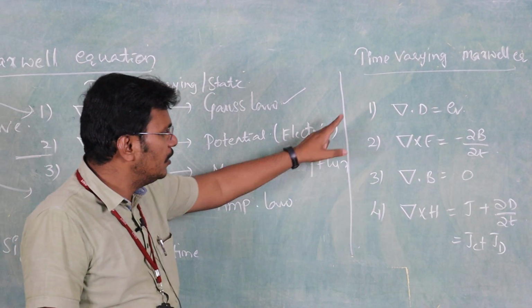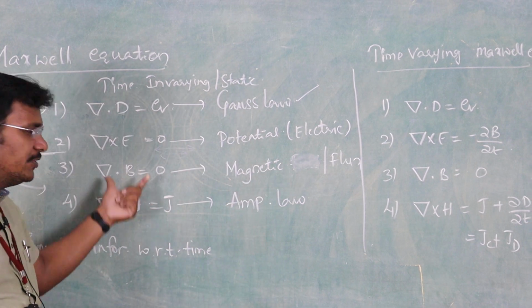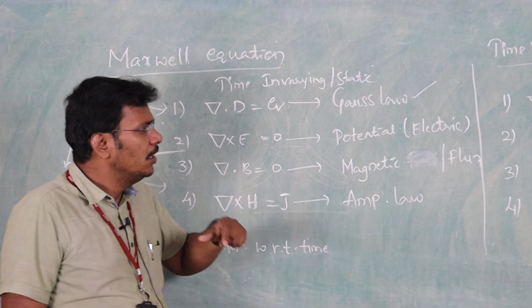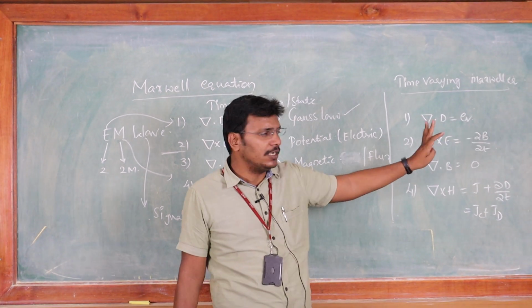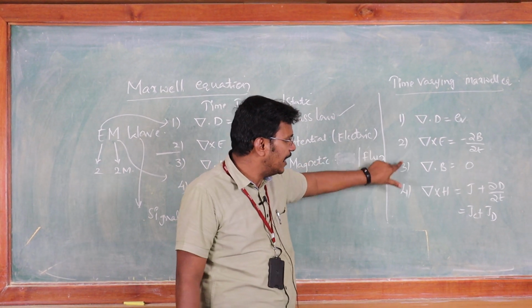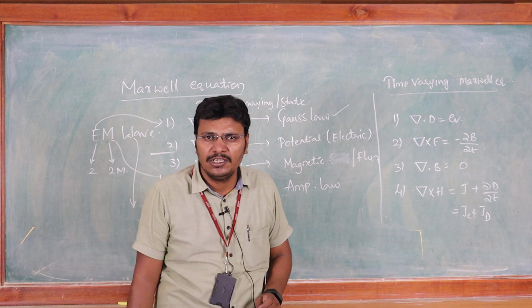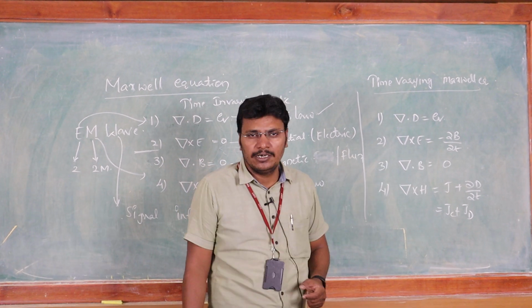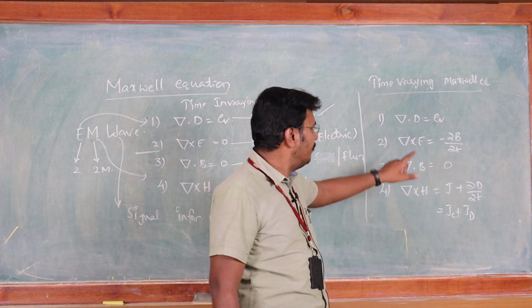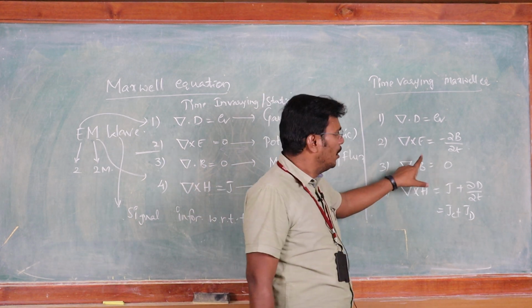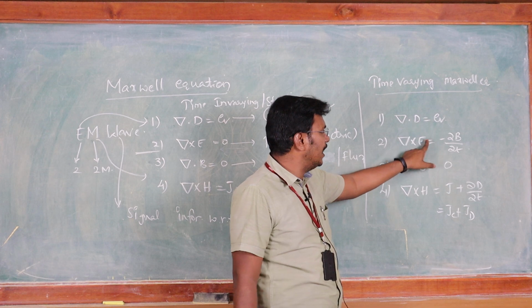Okay, so now these are the 4 Maxwell equations derived from the earlier 4 Maxwell equations. Within these 4, the second and fourth equations have a time factor, while the first and third equations do not.